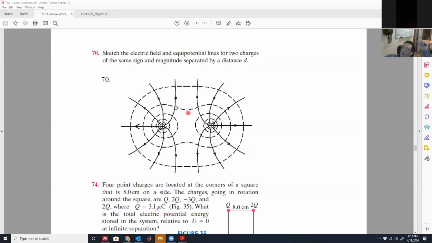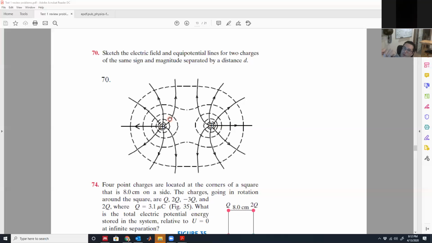The electric field lines represent the direction that a ball would roll down the hill, right? And the equal potential lines represent all the areas at the same height.